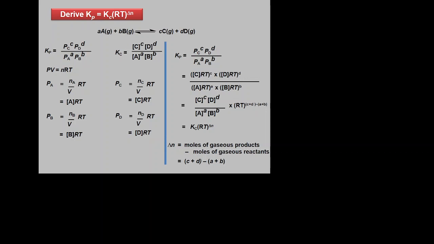The only thing you need to know, you need to hafal lah the equation takkan diberi, is this, where KP is equivalent to KC, in bracket darab RT, which is R is our gas constant and T is temperature in Kelvin.